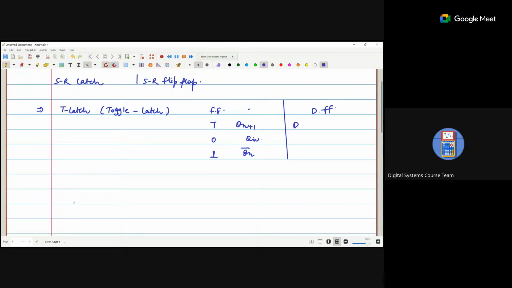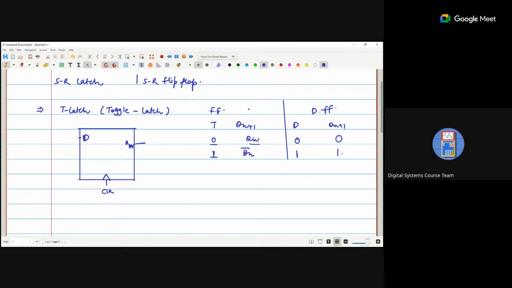In D, when D is 0, Qn plus 1 is 0, and when D is 1, Qn plus 1 is 1. If we are going to implement a T flip flop with the D flip flop, this is T, this is the clock, this is Q, and this is the D flip flop. If T is 0, here it is Qn.